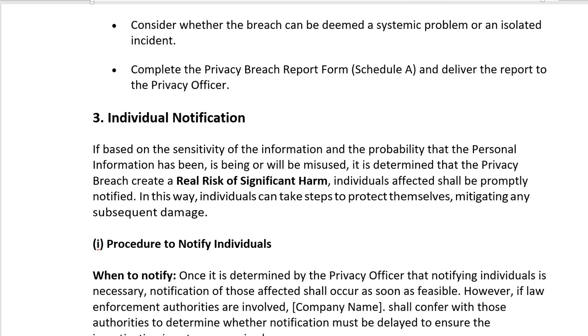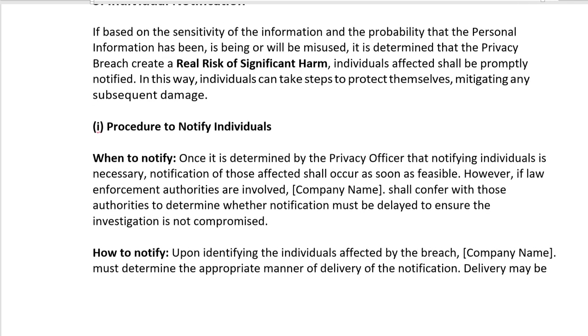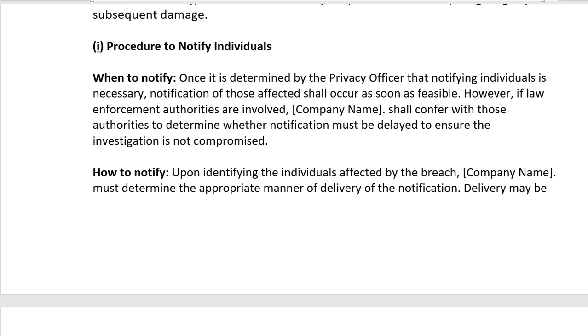If there is a real risk of significant harm, you're going to have to notify the individuals, right? So you'll make a determination as to notification of the individuals, and you'll have to confer with the Privacy Commission and other authorities listed below in order to determine what to do next.